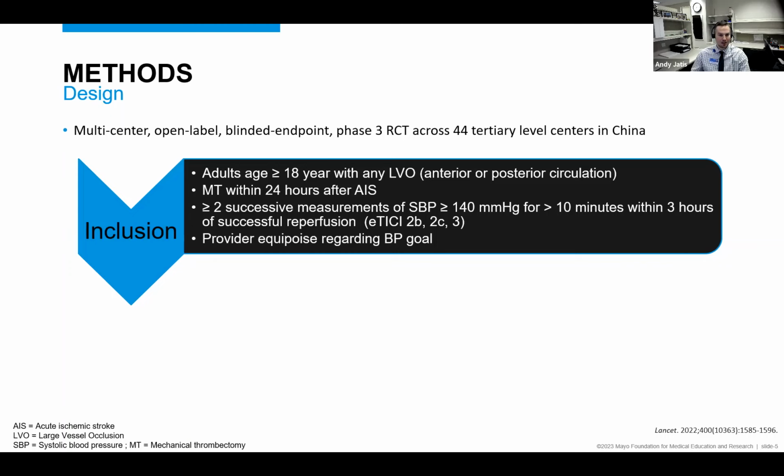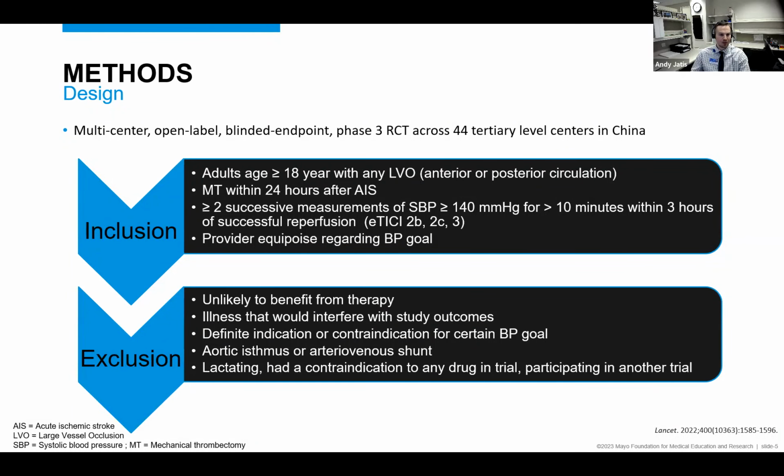I'll discuss that here in a second. And then lastly, there had to be equipoise with the provider group in making this decision, that they didn't feel strongly one way or the other about what would be the best therapy to receive.